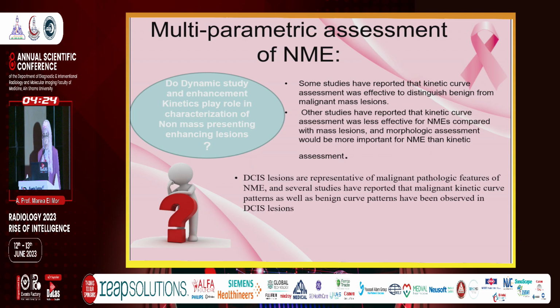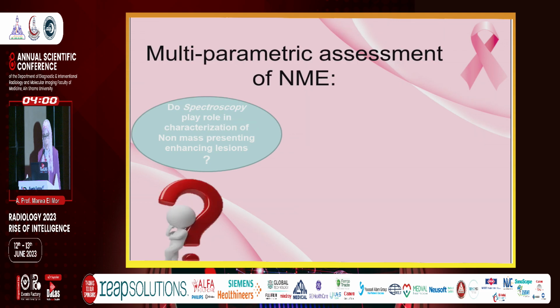DCIS lesions are representative of malignant pathologies with features of non-mass enhancement, and several studies have reported that malignant kinetic curve patterns as well as benign curve patterns have been observed in DCIS. Yet, the washout dynamic type could be useful in distinguishing malignant non-mass enhancing lesions.